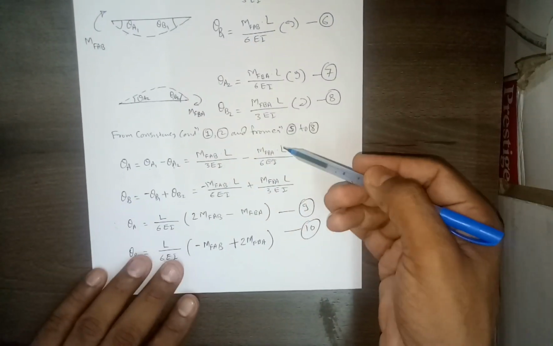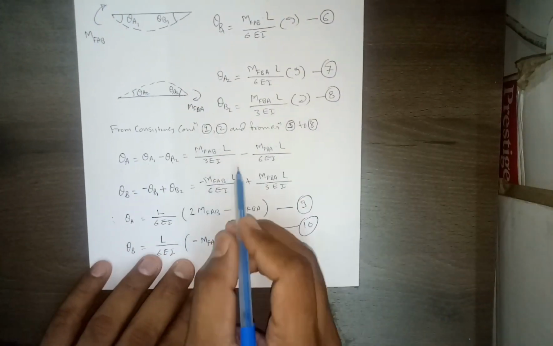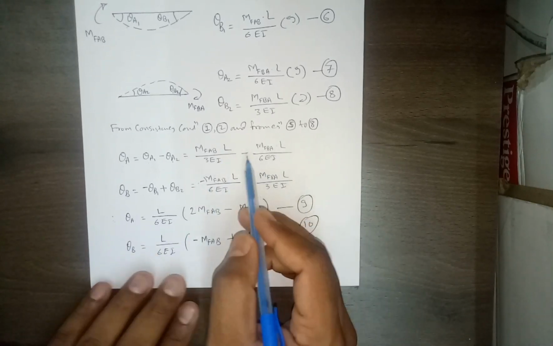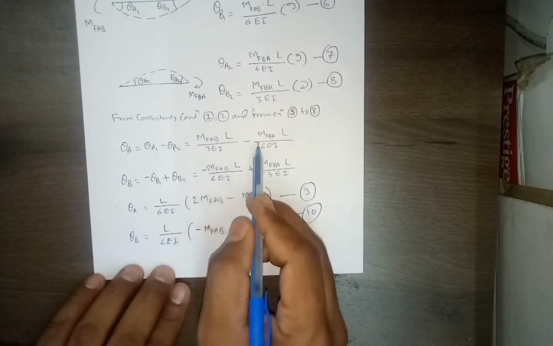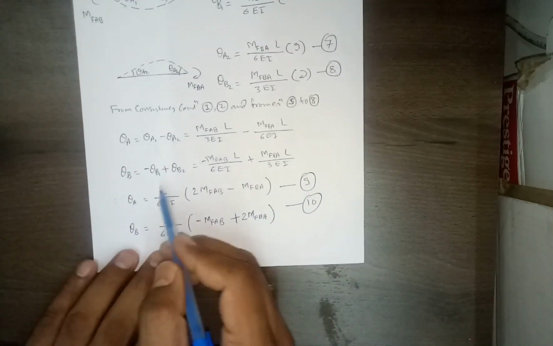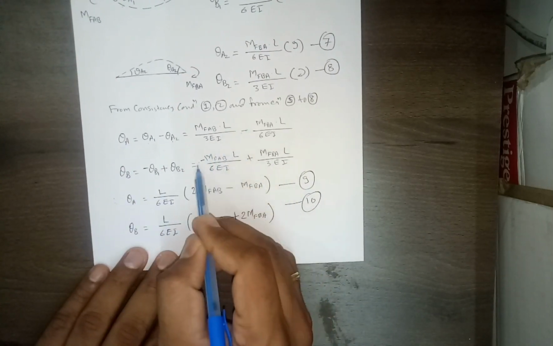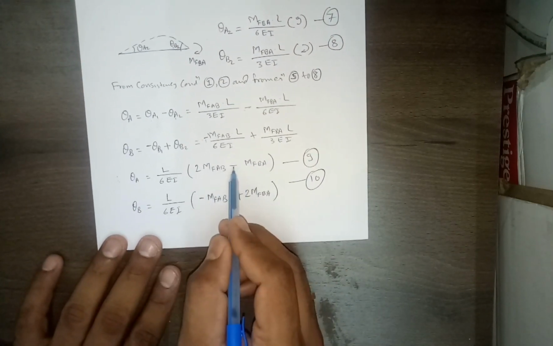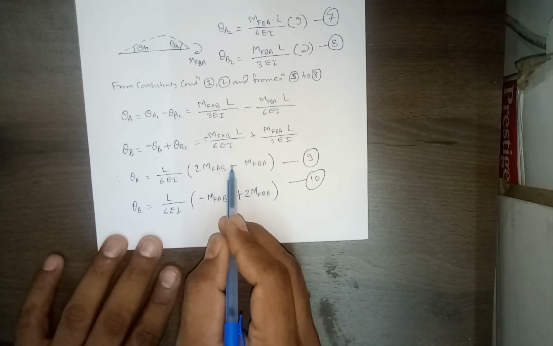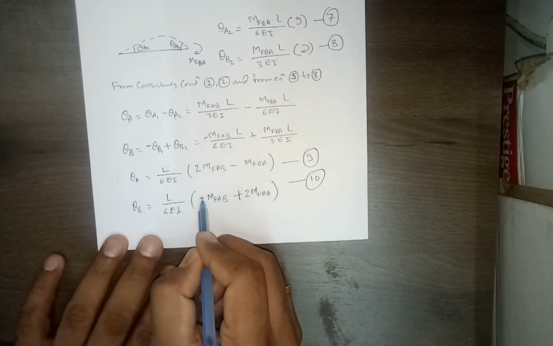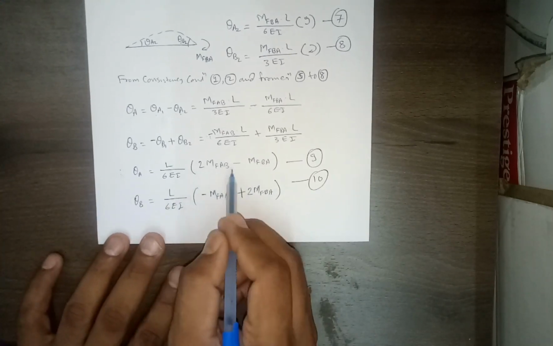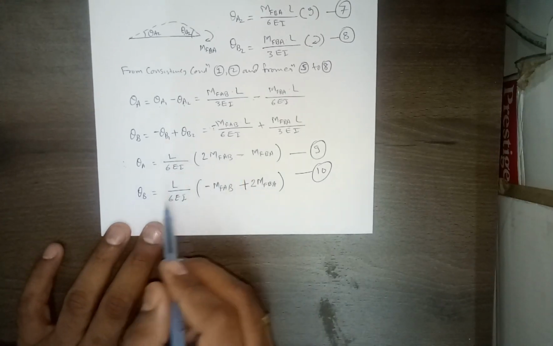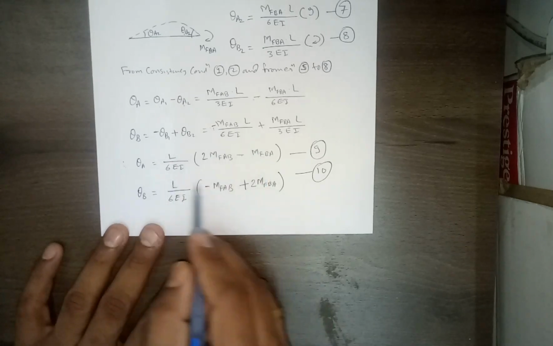Simply it is the same, we have done it previously also, but the only difference is that a negative sign will come now, right? In the previous case we got this answer with positive signs, but this time one is negative and here it is negative. So again rearrange the terms, and you can see that difference. In the previous problem it was plus, this is also plus, but now in this case this one is negative, this one is negative, right? So this is the equation we got.